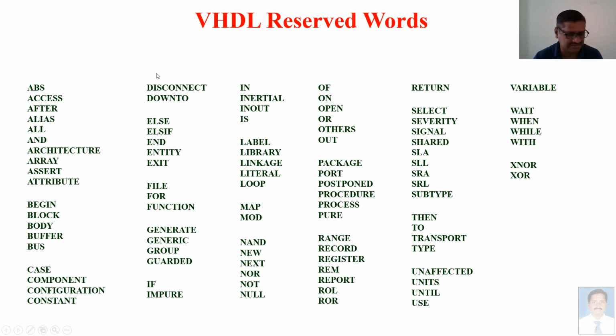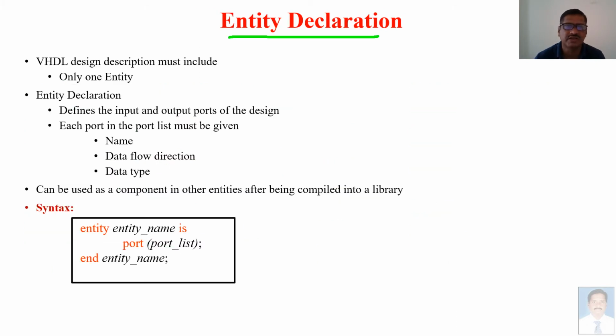Now I will start the discussion about the entity declaration. A VHDL design description must have only one entity. There may be multiple architectures, but it should have only one entity. The entity declaration defines the inputs and output ports of the system.